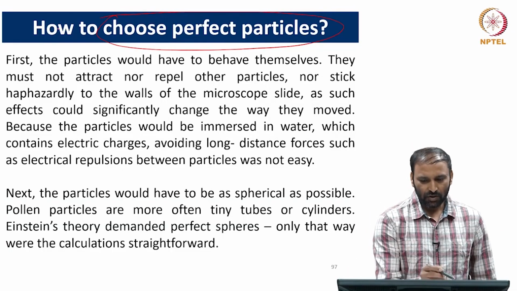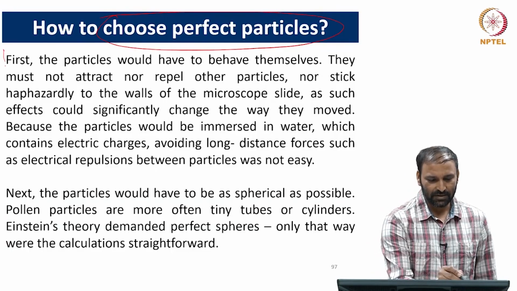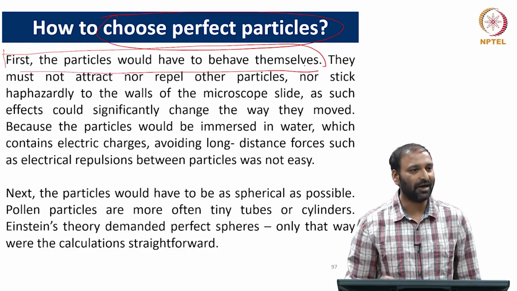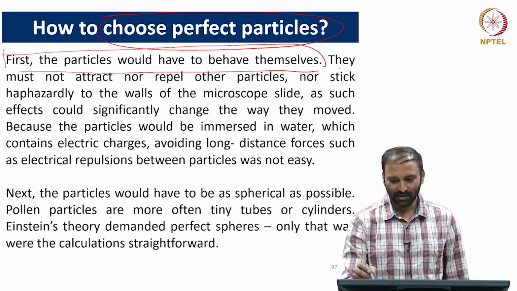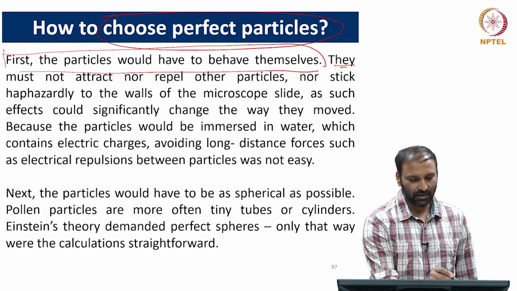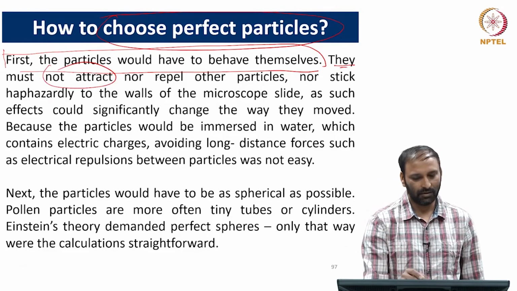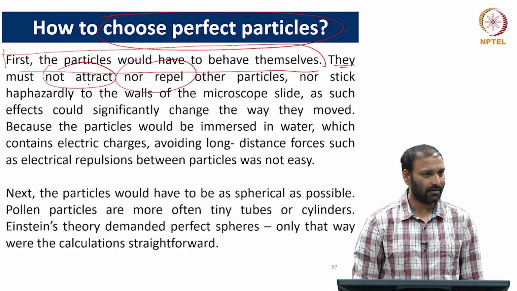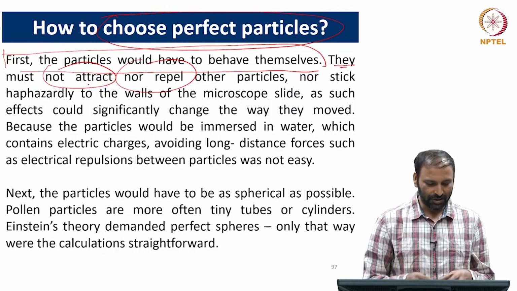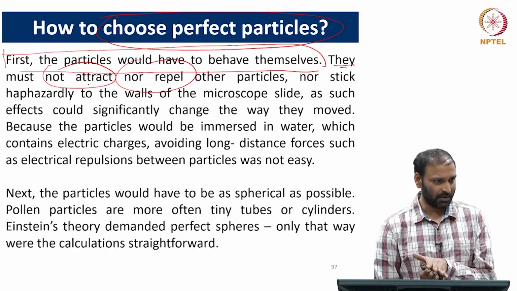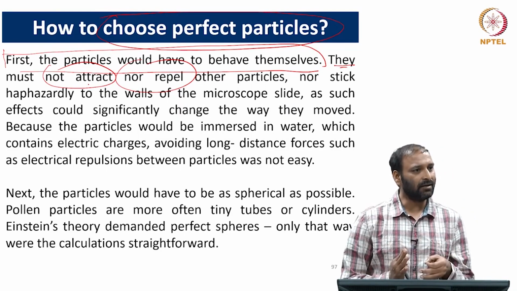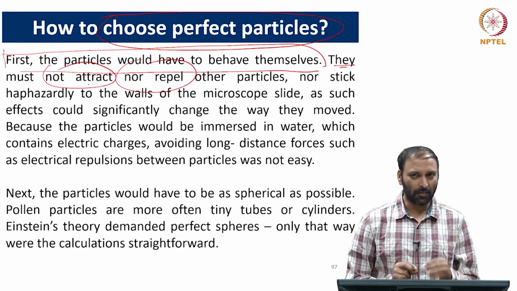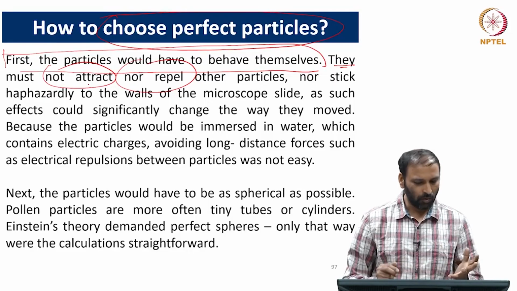So now, how to choose perfect particles. First, the particles must behave themselves. That means they should neither attract nor repel other particles in the system, because you are trying to measure Brownian motion of particles. This is typically done with a very dilute fluid, that means the concentration of your particles in the fluid is very, very low.